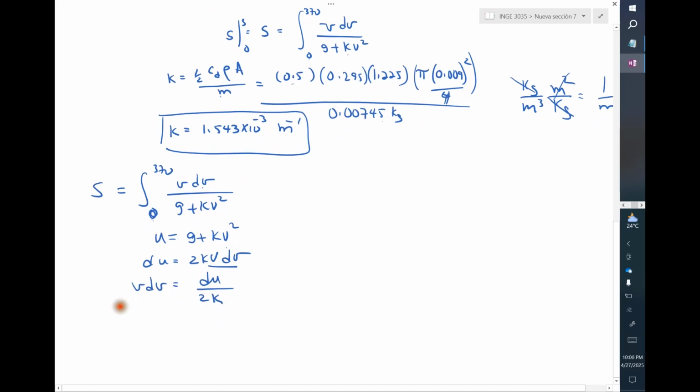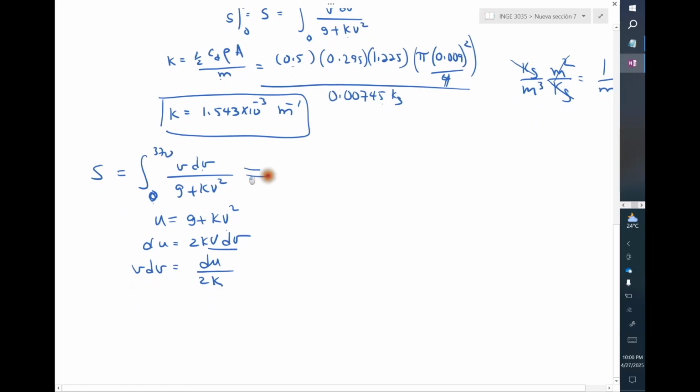Now, if we substitute, what we are saying is that v dv is du over 2k, but then what is this? Oh, here in the denominator is u. So that integral, which was kind of weird at the beginning, ends up being very, very simple.